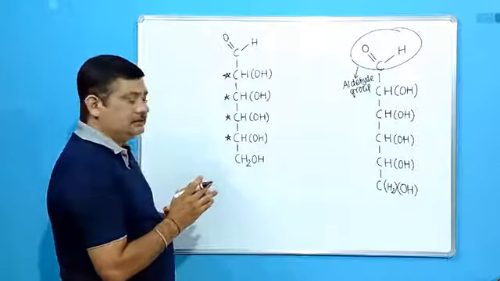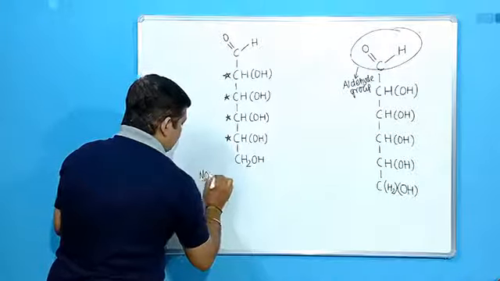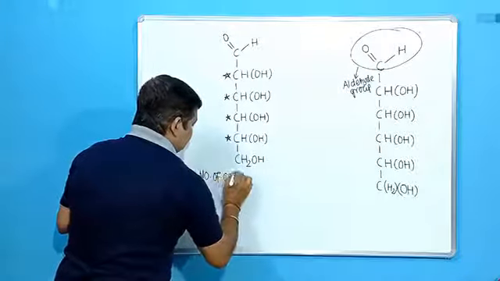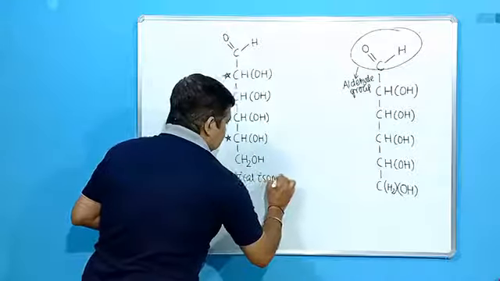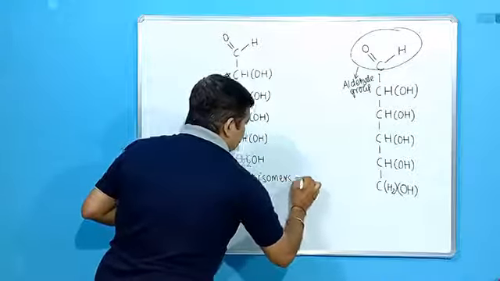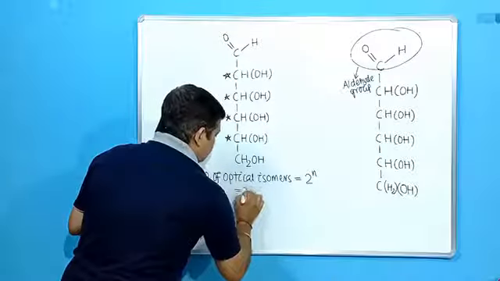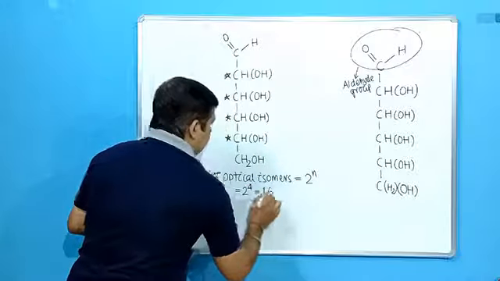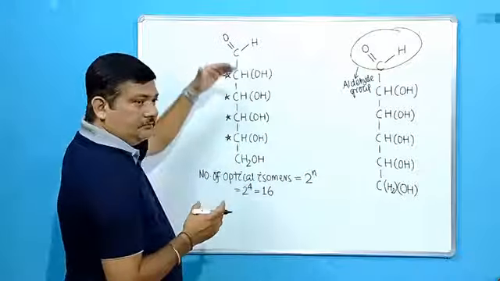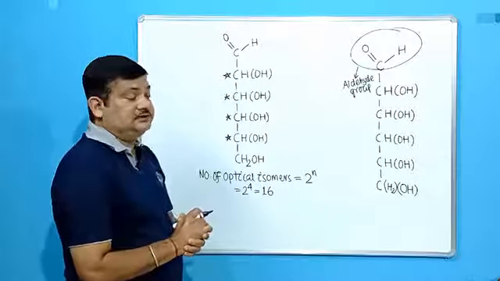4 chiral carbons. That means the formula for the number of optical isomers possible in case of glucose is 2 to the power n. That means 2 to the power 4, that is 16. So in case of hexose, there are 16 optical isomers possible.